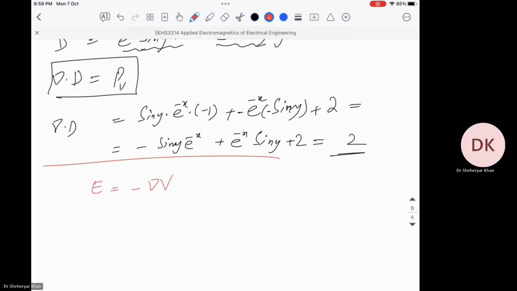If you know this, you can write a few lines, you can get free marks.